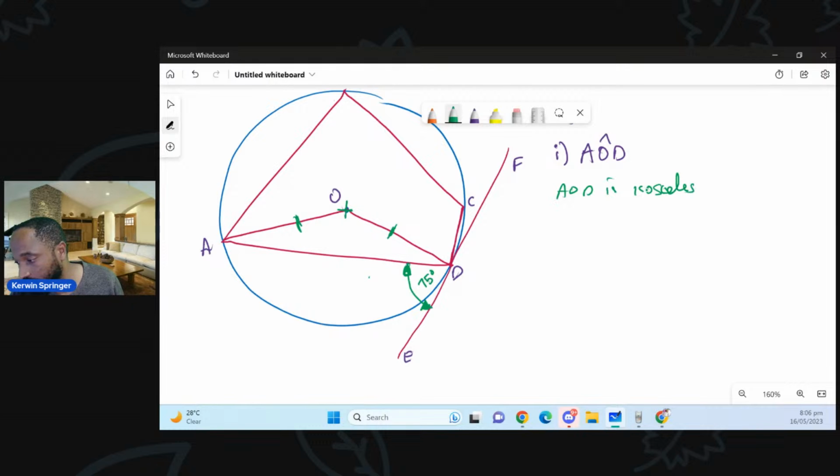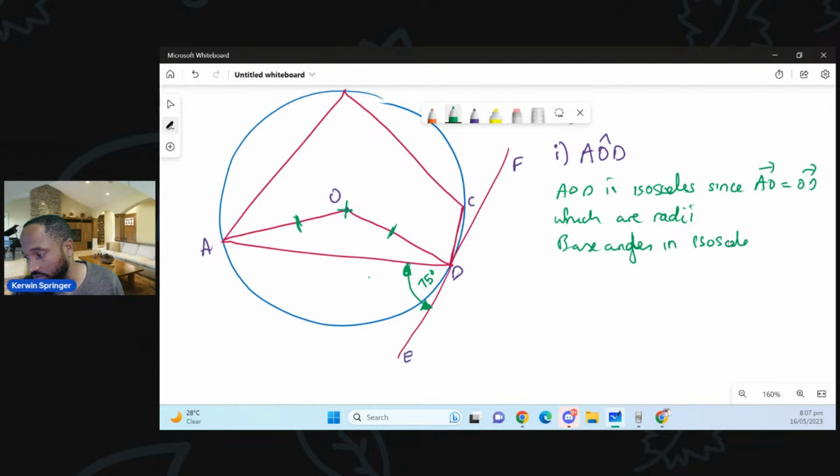Isosceles since AO is equal to OD, which are both radii of the circle, so they must be the same length. And that's useful because the base angles in an isosceles triangle are equal.